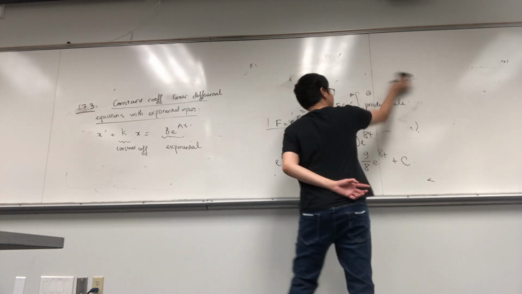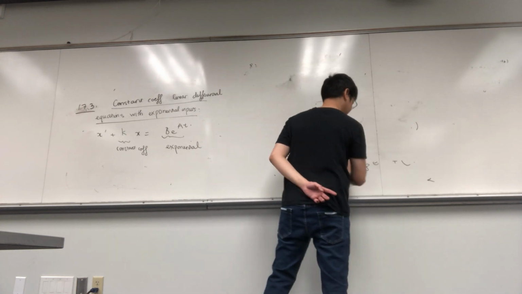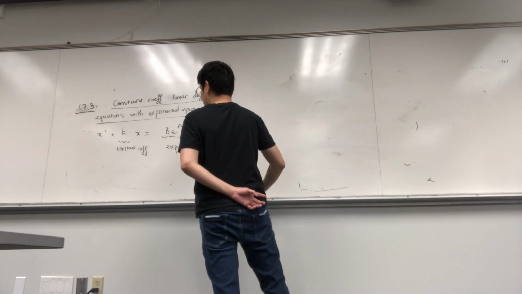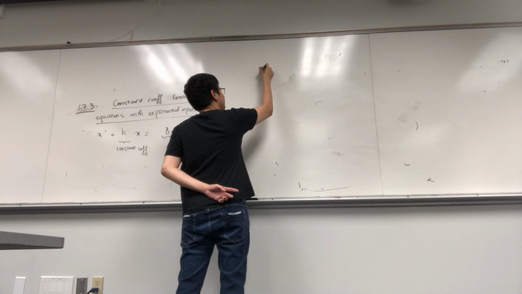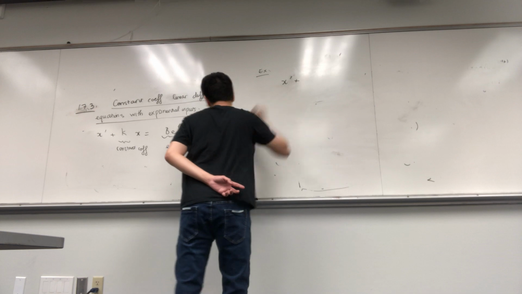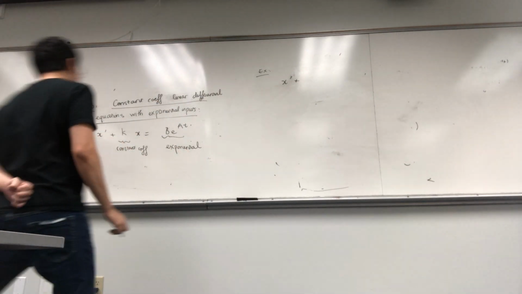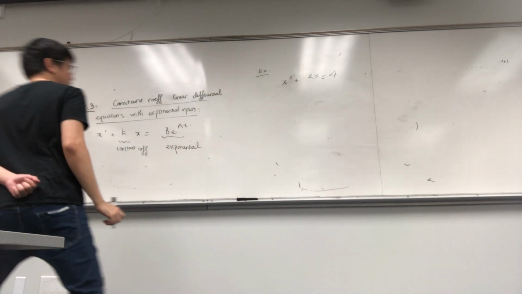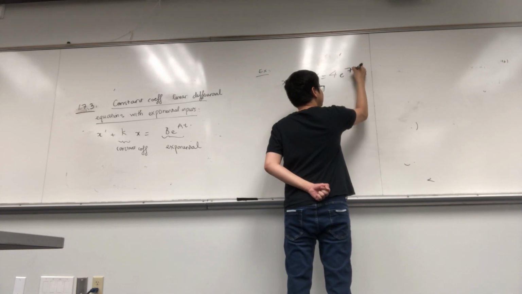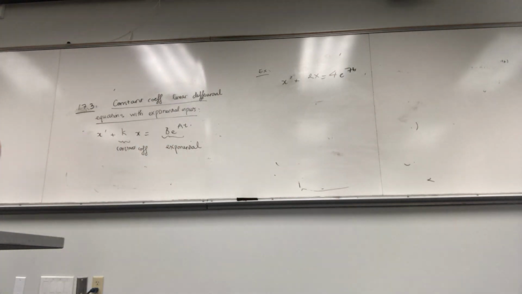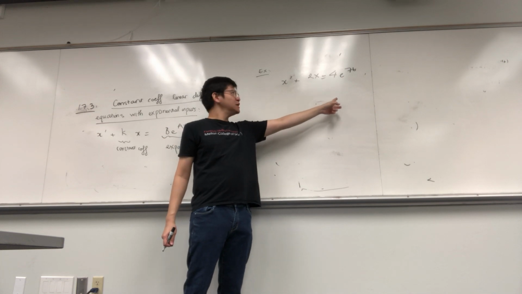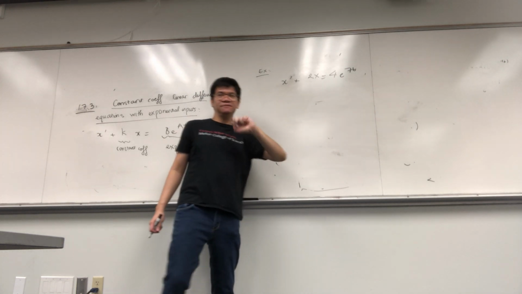So let us try to solve this equation. For example, x prime plus 2x is equal to 4 e to the 7t. This is the equation that we want to solve.